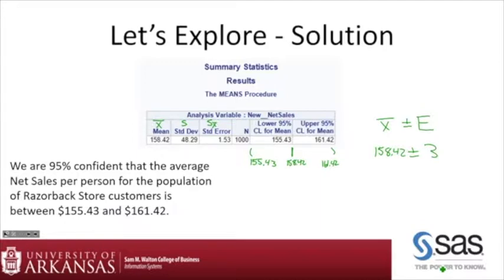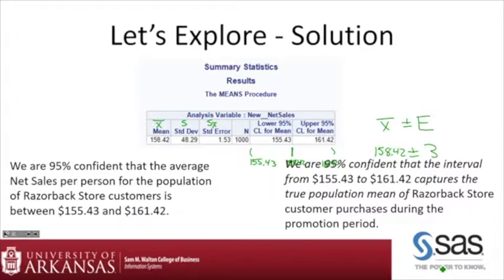We're trying to make this inference to our entire population. I could also say we're 95% confident that the interval from 155.43 to 161.42 captures the true population mean of Razorback store customers' purchases during the promotion period.